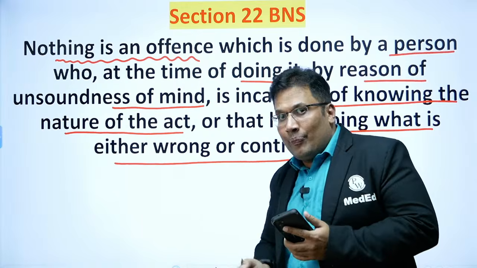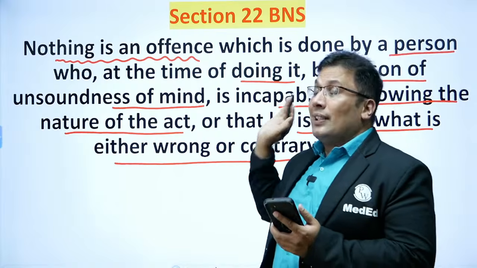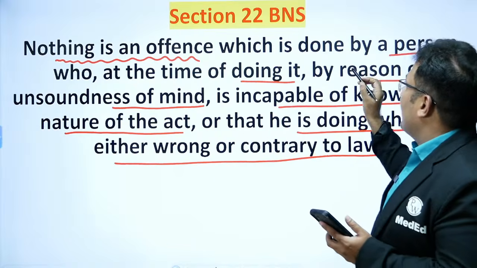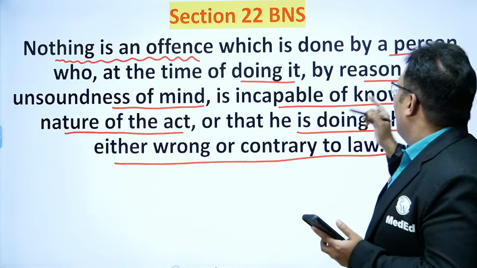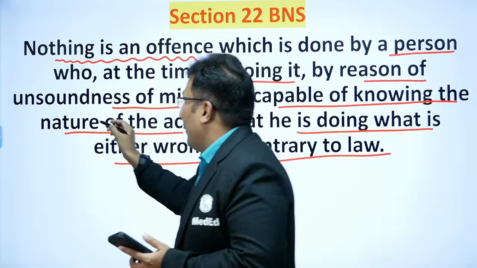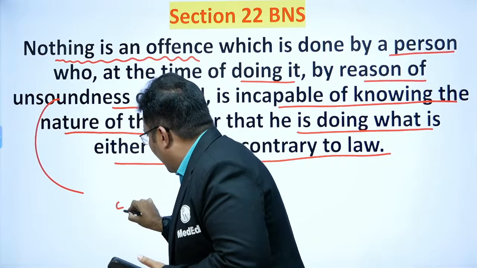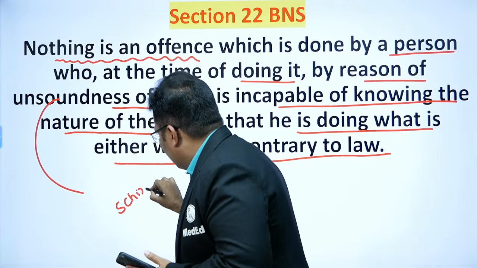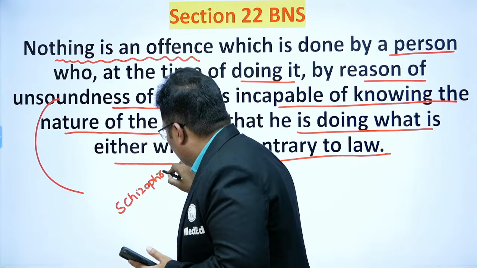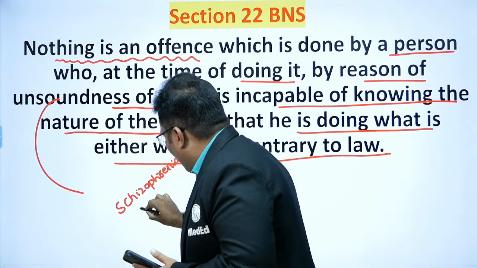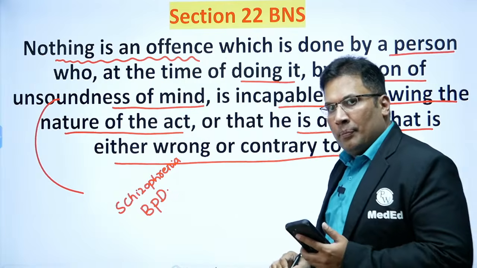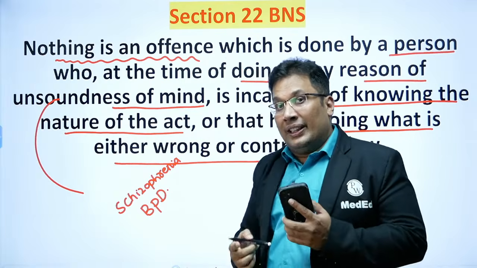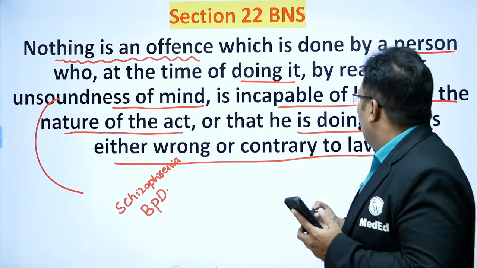I'll repeat again. In the exam, write: nothing is an offense which is done by a person who at the time of doing it, by reason of unsoundness of mind, example schizophrenia, bipolar disease, psychotic depression, delusion, incapable.